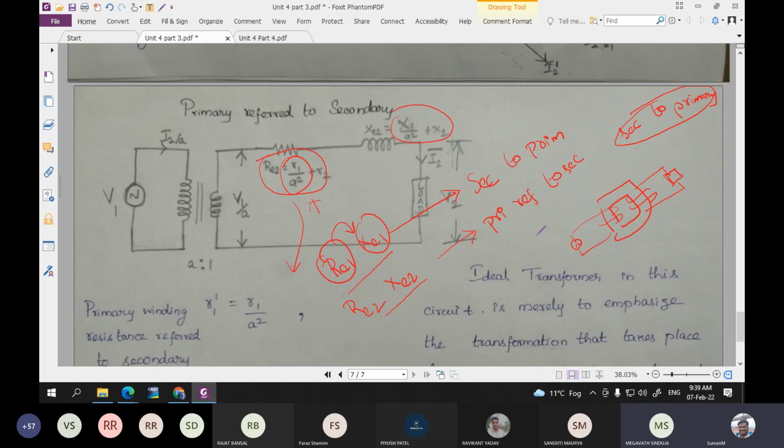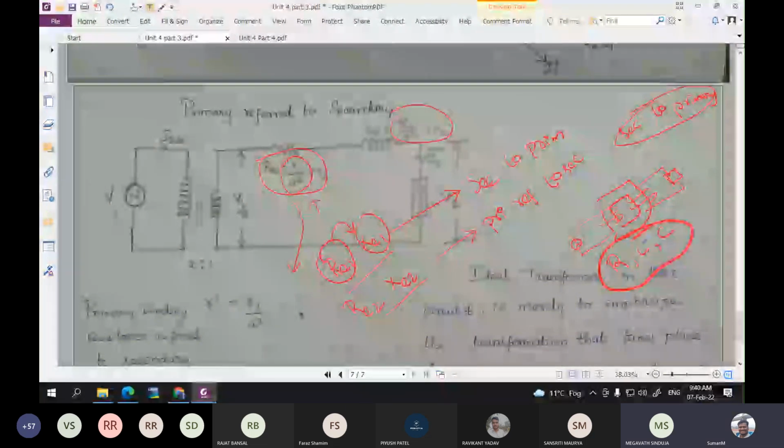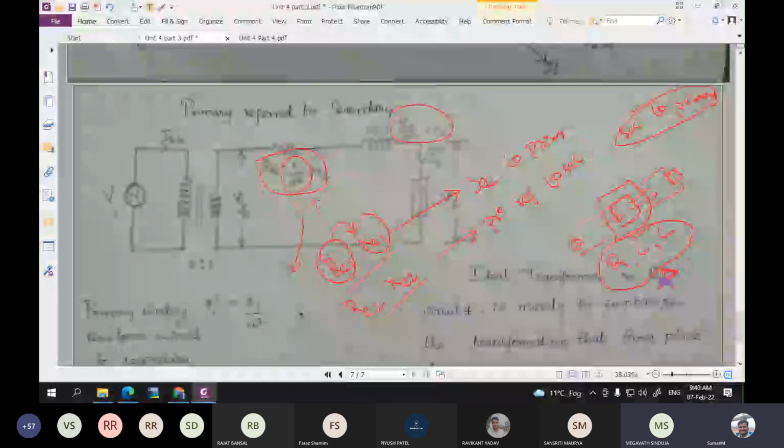The point is, any electrical device or component can be represented by its equivalent circuit. Whatever circuit we see is based on some practical system, and we can represent that practical system in terms of R, L, and C elements. That's what we are doing in our actual circuit analysis.